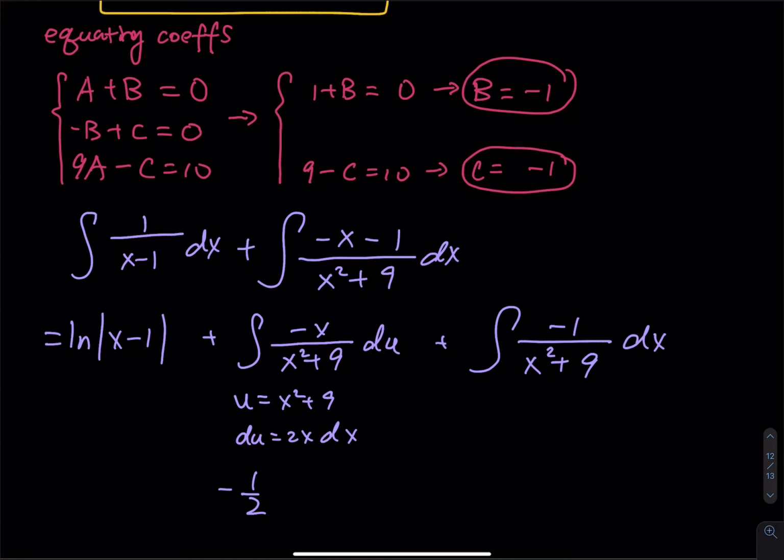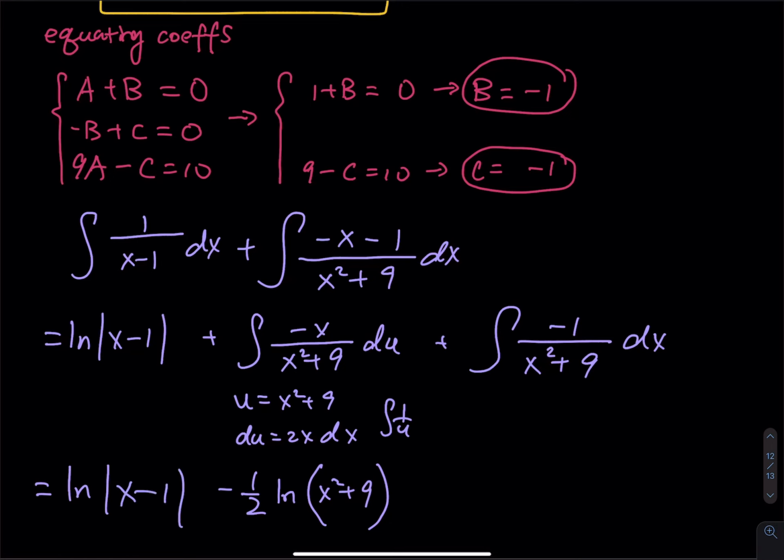So we have ln of x squared plus 9, that is always positive, so it is not necessary to use absolute value. What if you use absolute value? When you do homework online, the system will count that as a mistake. So be very careful. This absolute value is not necessary. If you use an absolute value, you lose points. And then ln absolute value x minus 1.